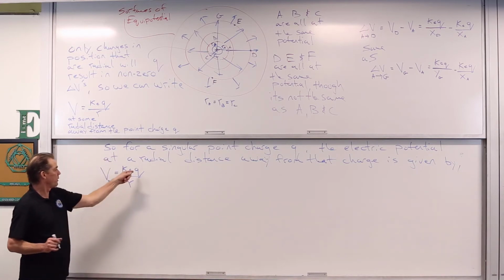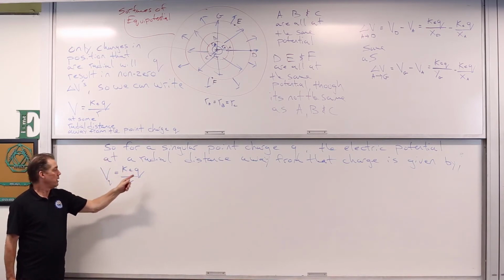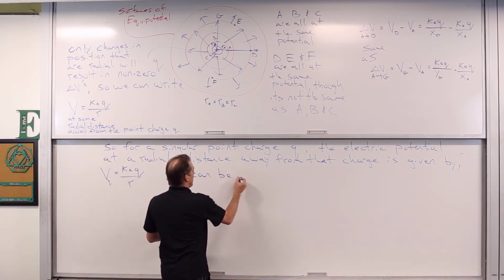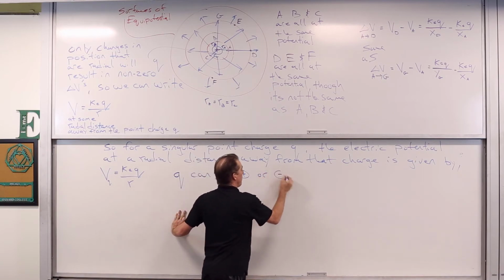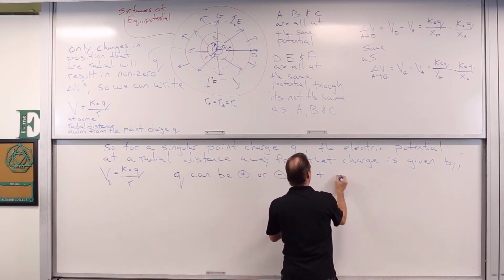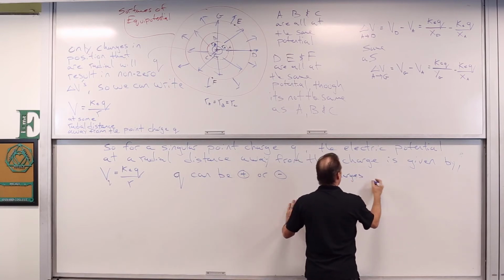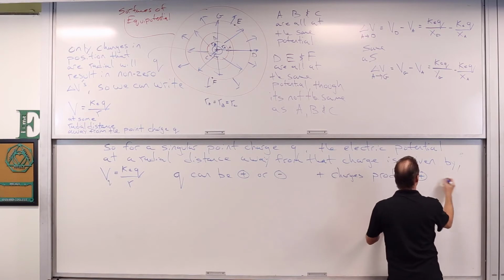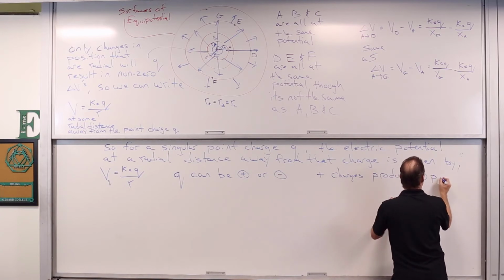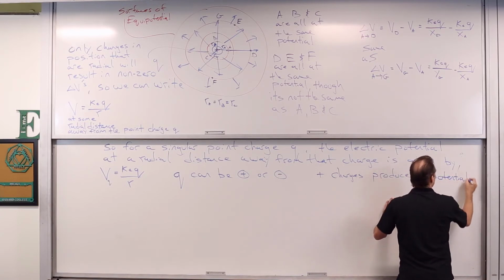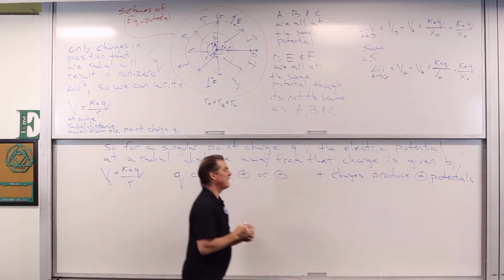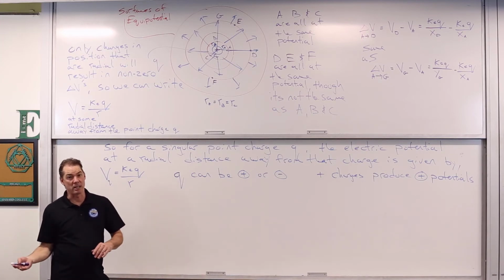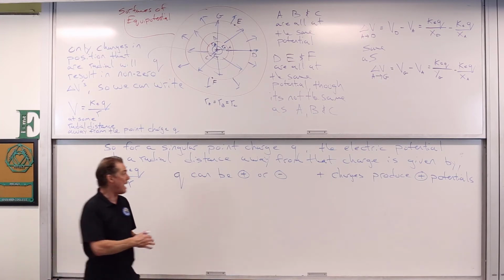Some other things to note. This is not an absolute value of Q. This is just Q. Q can be plus or minus. Plus charges produce plus potentials. So the electric potential in the vicinity of a positive charge is positive everywhere. It's the potential difference that can be positive or negative depending on whether you're going from high to low or low to high.